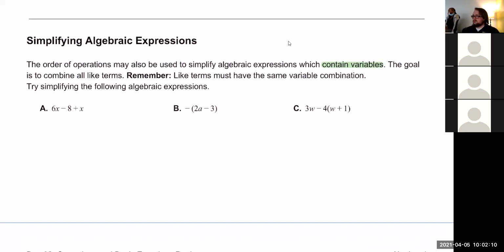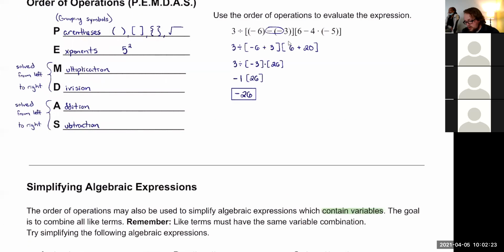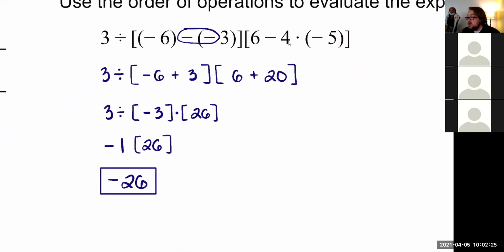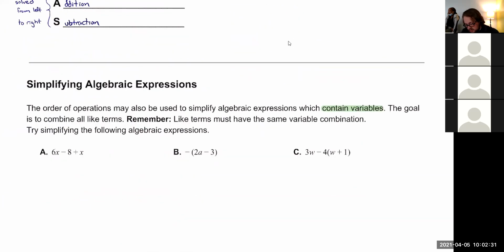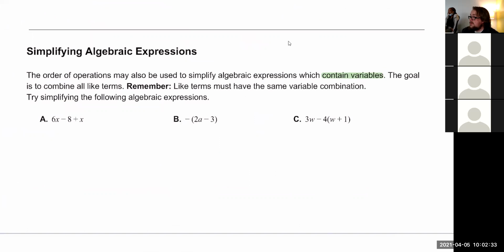Still an expression, order of operations still apply, but because of that variable, we're now limited in just how far we can take it. Because before, we had no variables, so we could take it all the way down to just one final number. But if you have a variable, you have a number that you don't know yet. And because it's not an equation, you're not going to know it.